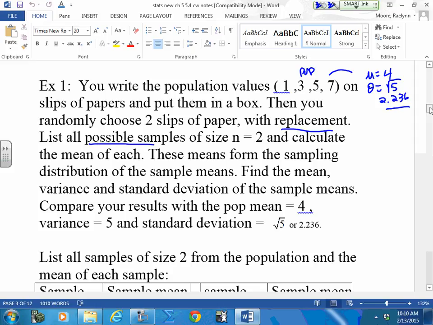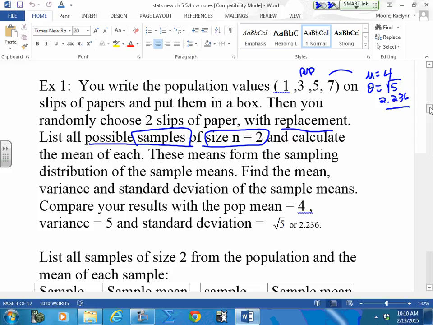So we're going to do multiple samples, sample size 2. We're going to calculate the mean of each of those. And then we can put all those means into your L1 and take the total mean of all those sample means and their standard deviation. Yes. Stat, enter.